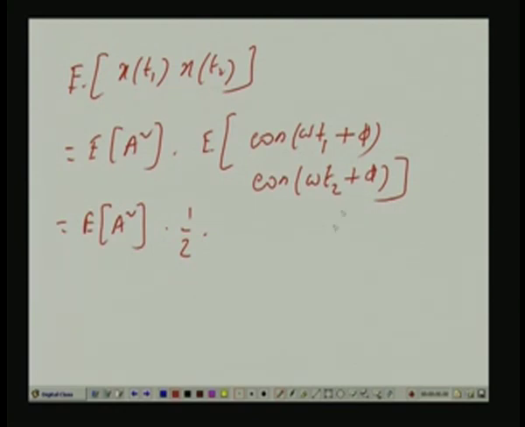The probability density of phi is 1 by 2 pi within the range minus pi to pi, and otherwise 0. So, it is nothing but 1 by 2 pi, minus pi to pi. Why this half? Because cos A cos B is nothing but half cosine A plus B plus cosine A minus B.